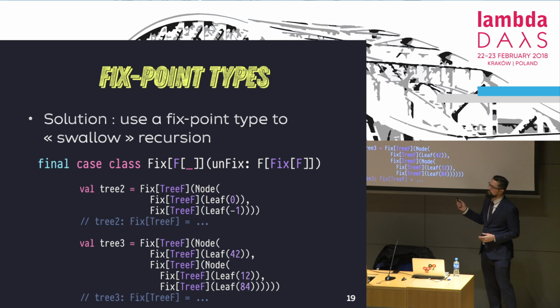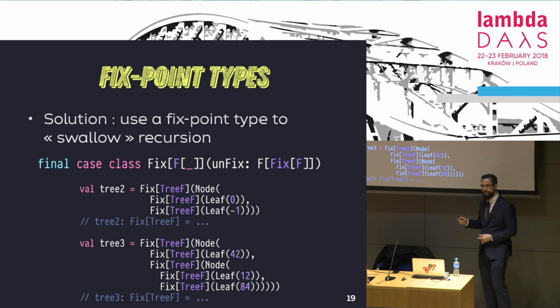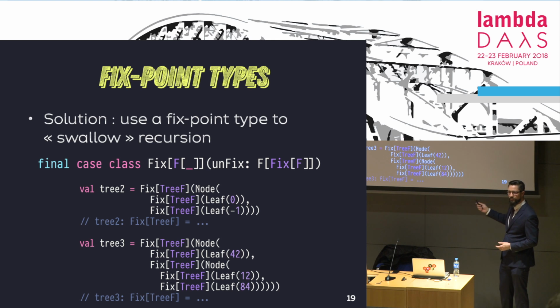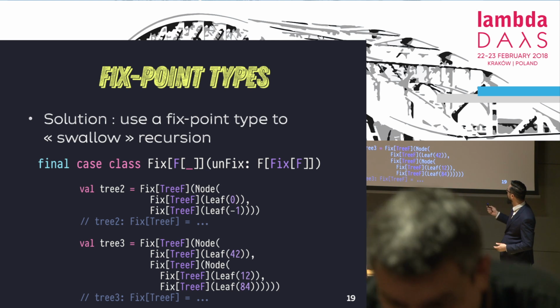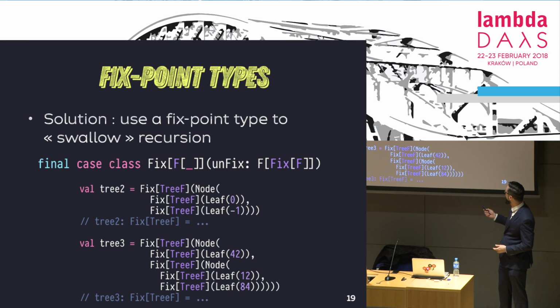So trust me, I have written again the trees from the previous slide using Fix, which is not really practical, but it works. And let's work that out. Here I have a leaf. So if I fix this leaf, I have a Fix of 3f.